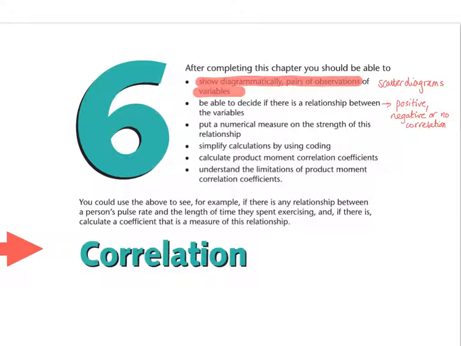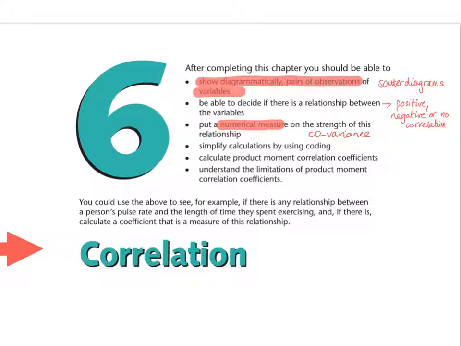We then need to be able to have a numerical measure, and that numerical measure is called covariance. And that means that we get a number and we're able to see if it's a positive, negative or no correlation.